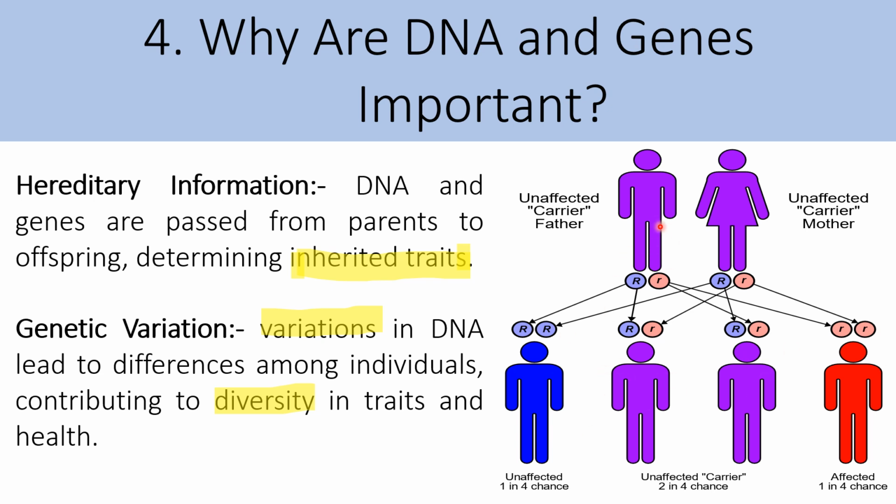They all receive genes from both their parents. Then the genetic variation: variation in the DNA leads to differences among individuals, contributing to diversity in traits and health. DNA and genes are important because if a parent has some diseases, then we can predict the frequency of the disease occurring in the offspring.